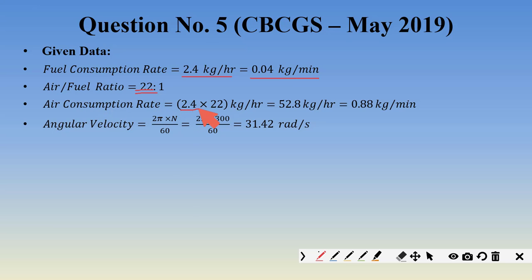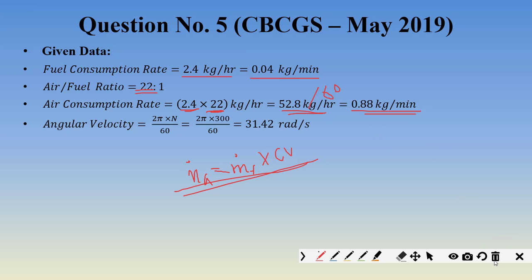Air consumption rate is fuel flow rate into air fuel ratio. So that is what we did, and we got 0.88 kg per minute. We got it in hour, we divided it by 60 and we got kg per minute.